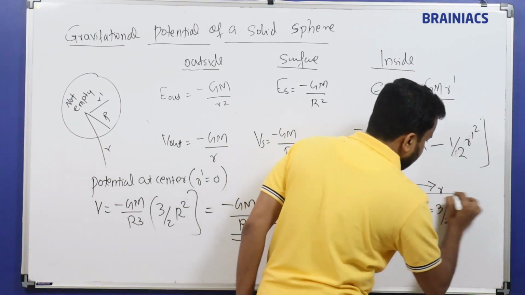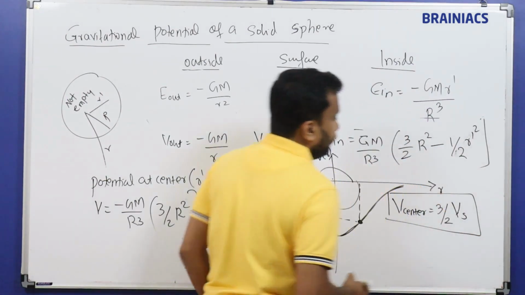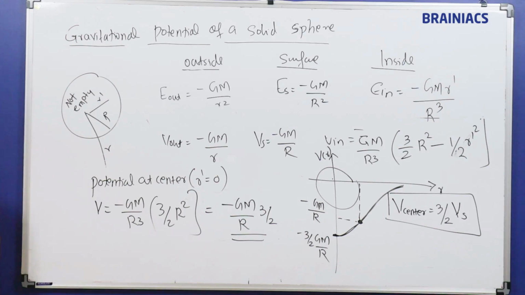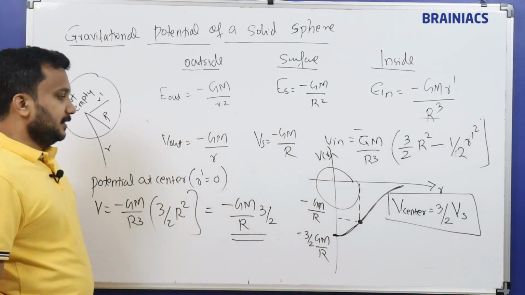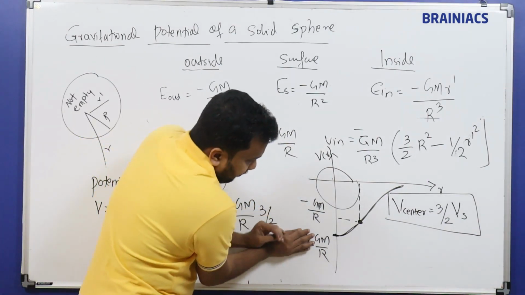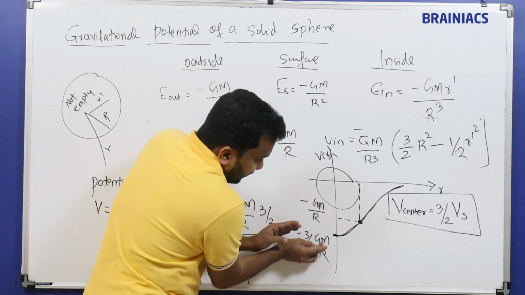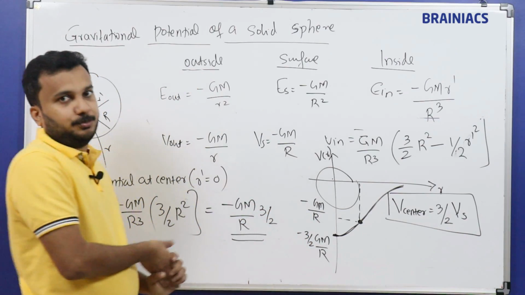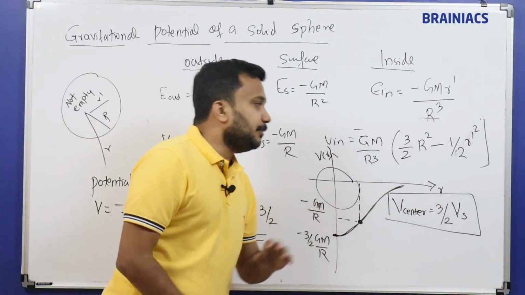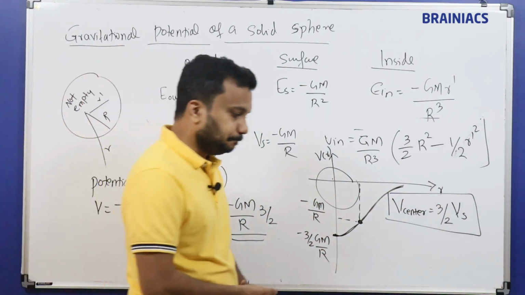This is also an important inference from the formula book. So potential at the center means minus 3 by 2 into GM by R. Other than the 3 by 2, minus GM by R is called Vs. So potential at the center is equal to 3 by 2 times Vs.